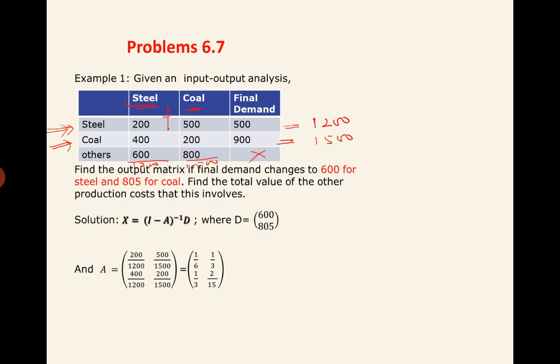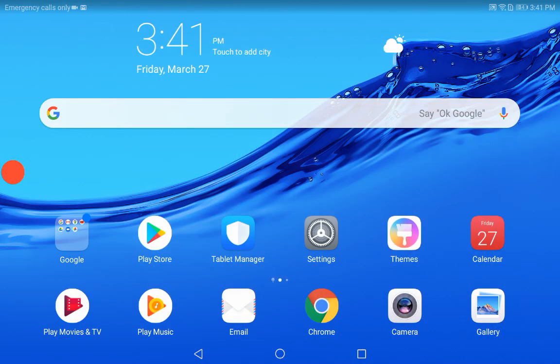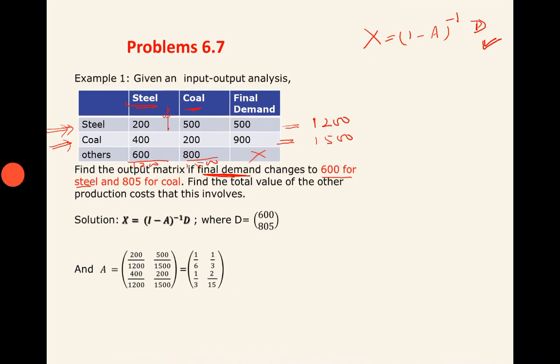Now, remember the formula for finding production is (I minus A) whole inverse D, where D is the demand matrix given in the problem. The final demand changes to 600 for steel and 805 for coal.